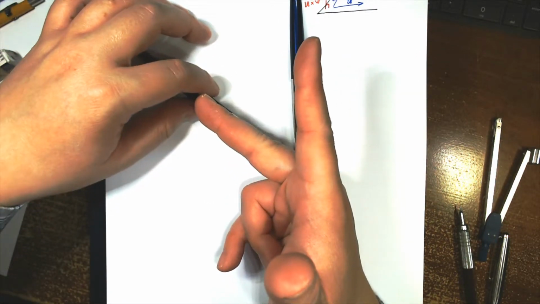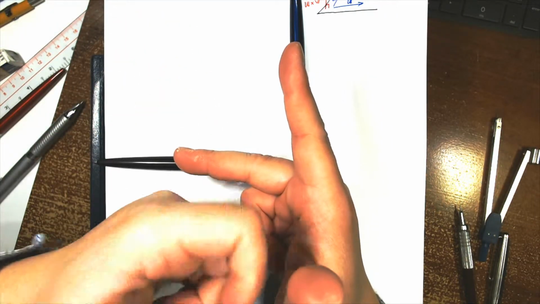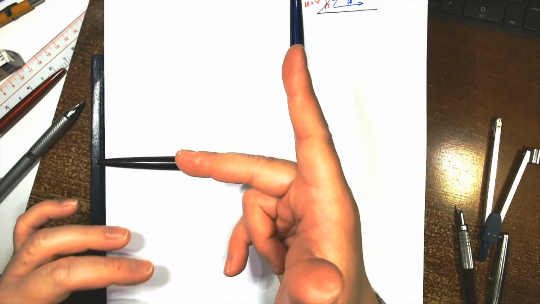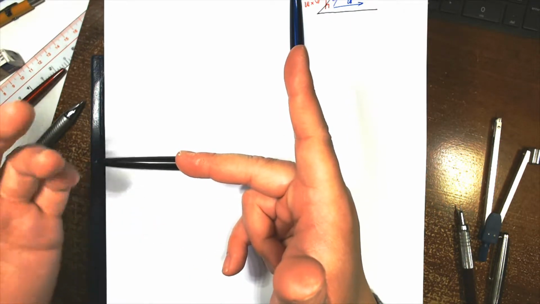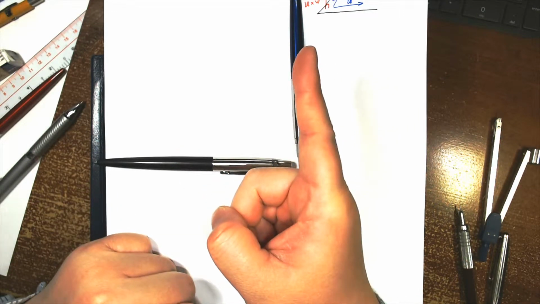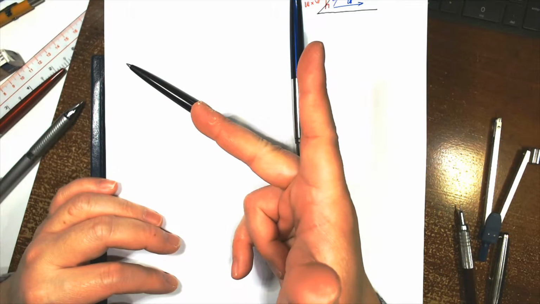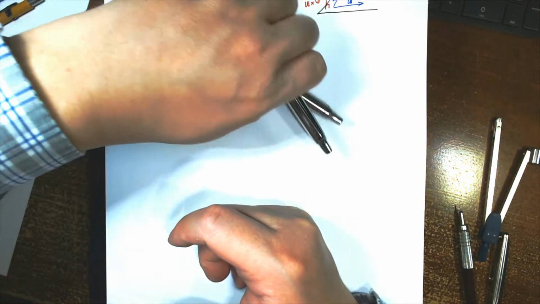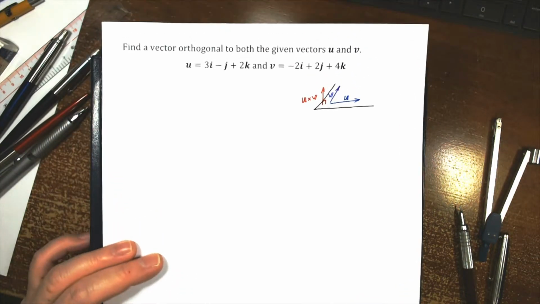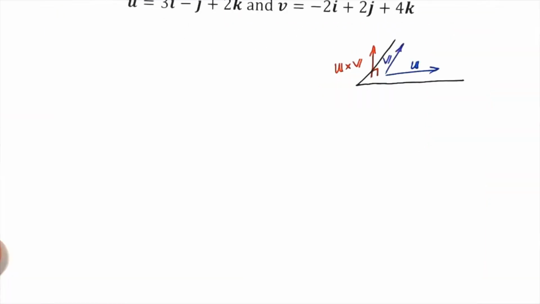It could be wherever, and the thumb will point in the direction which is pointing up, the direction of the cross product. That is the right hand rule. First is the index, the second vector is the third finger, and then the thumb is the cross product. Now that we have it, we can zoom back into our problem.